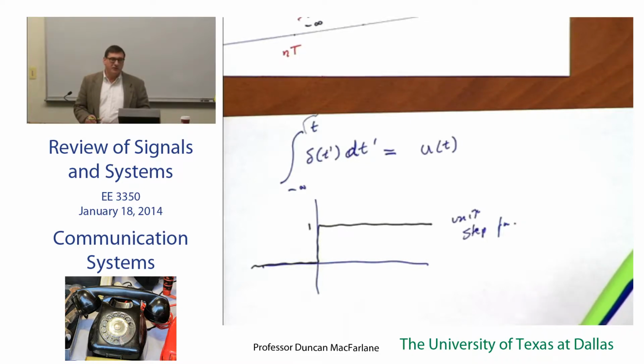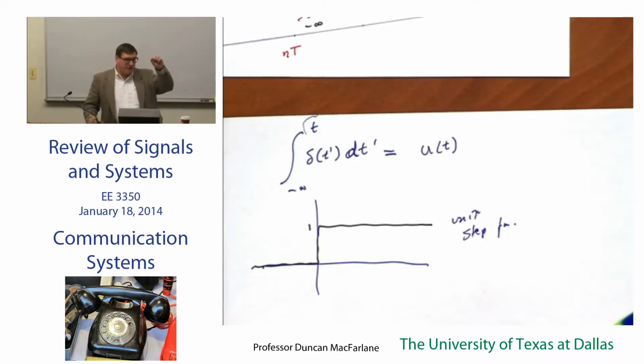Well, it's always going to have that. And that's actually a really good point, right? I start with a singularity. The magnitude of the delta function is infinity. When I integrate that, I still have a singularity, and it happens to be the slope. If I integrate this and I get a ramp, I still have a singularity, a slope discontinuity.